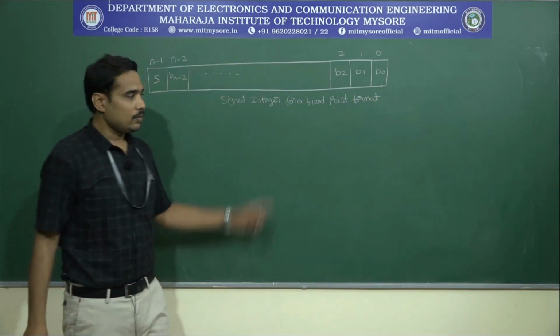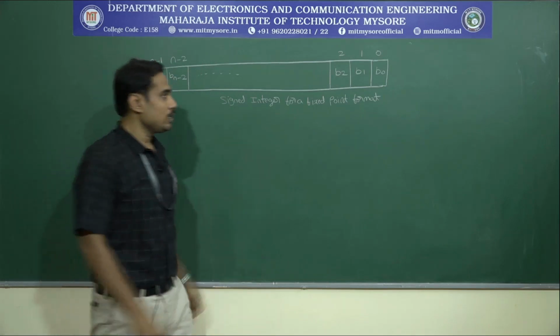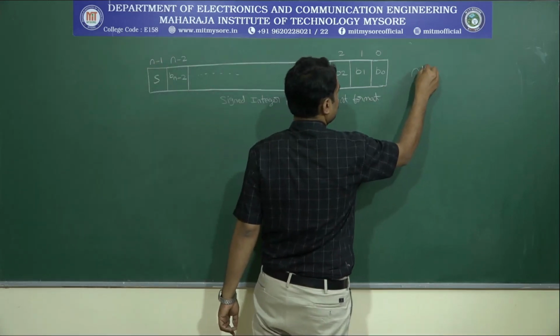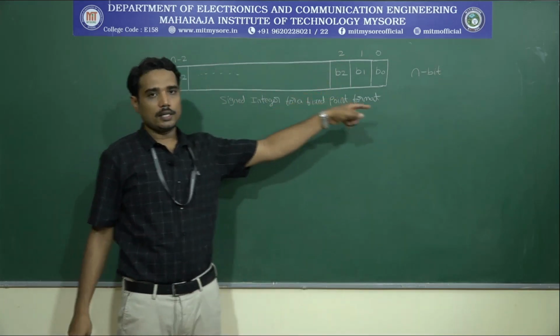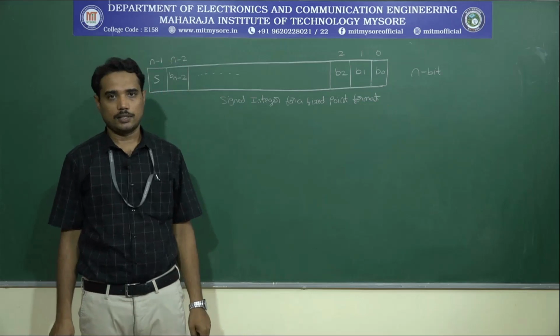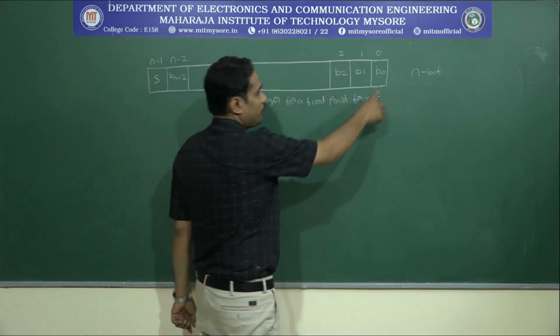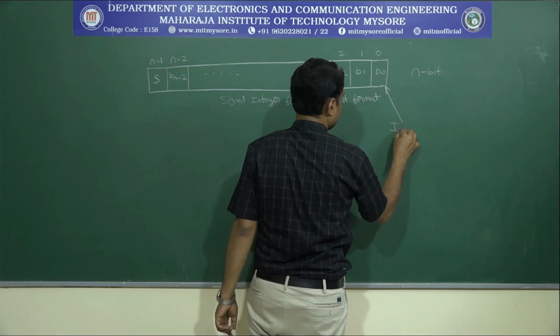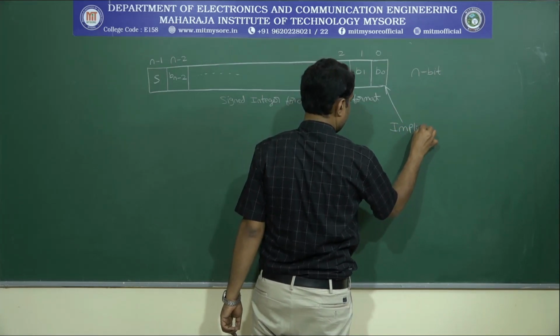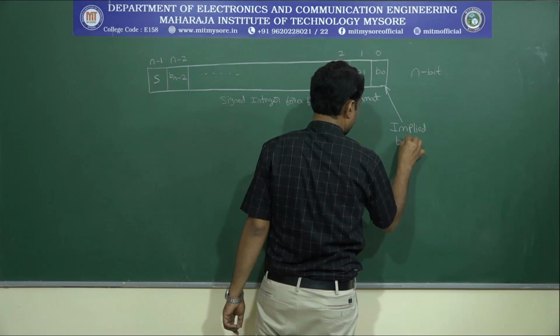Here we have taken an example for n bit. That means that n can take a value of 8, 16, 32, etc. Here for integer, this is the implied binary point.